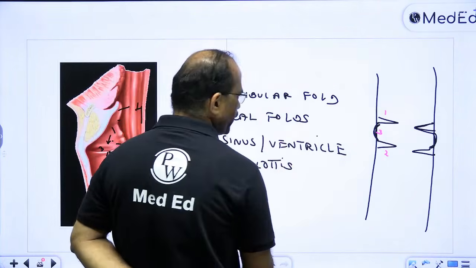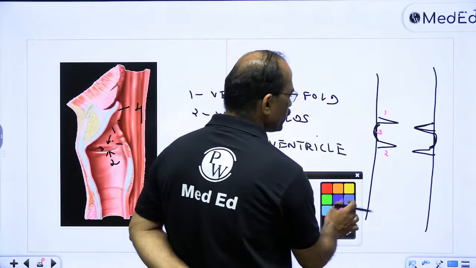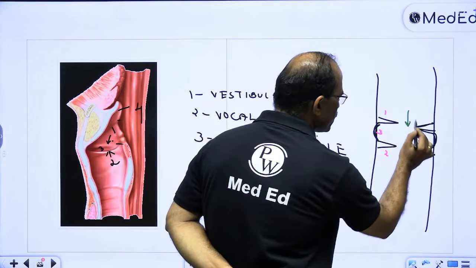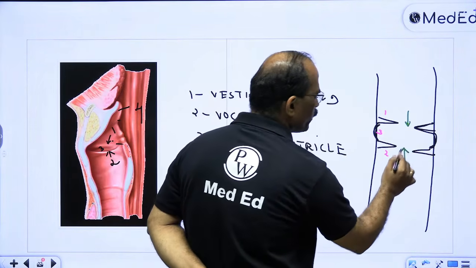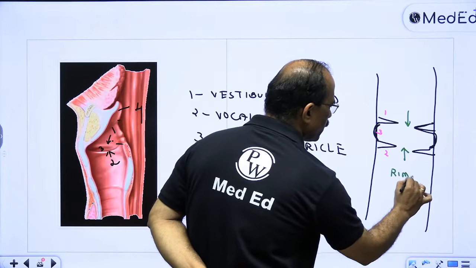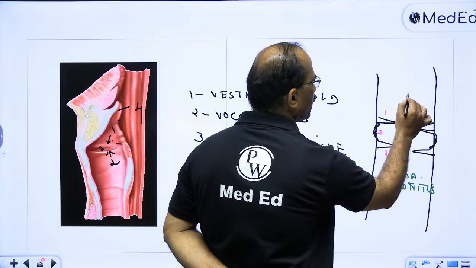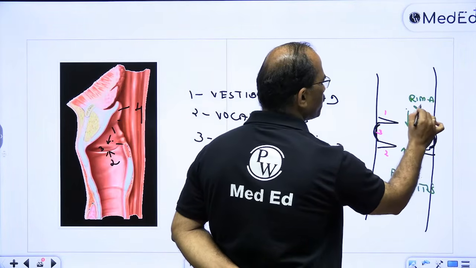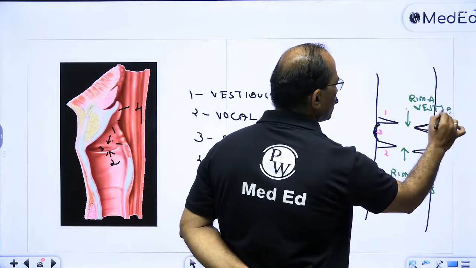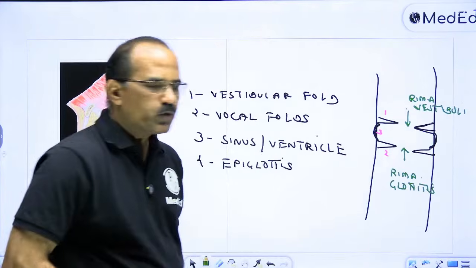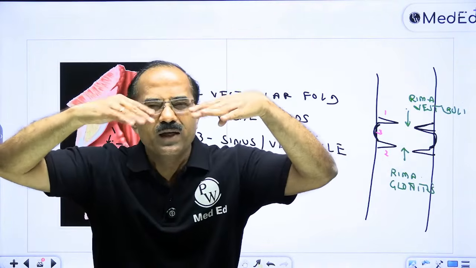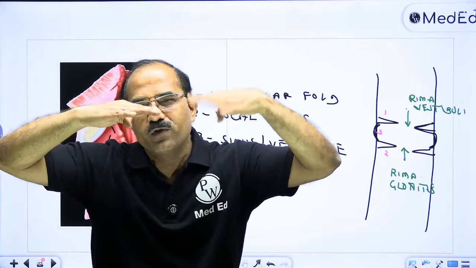Now what is the space? Now tell me, what is the space between the two vestibular folds? What is the space between the two vocal folds? It is called rima glottidis, and this is rima vestibuli. So the space between the two vestibular folds, there will be two like this. This is one vestibular fold, this is one vestibular fold.